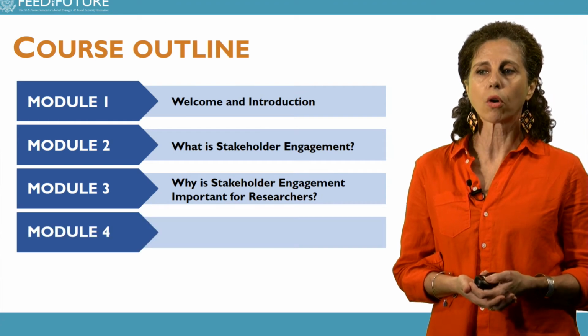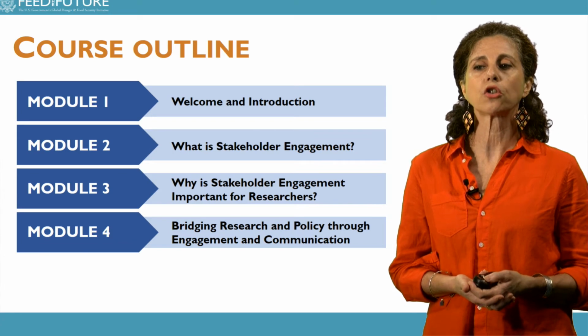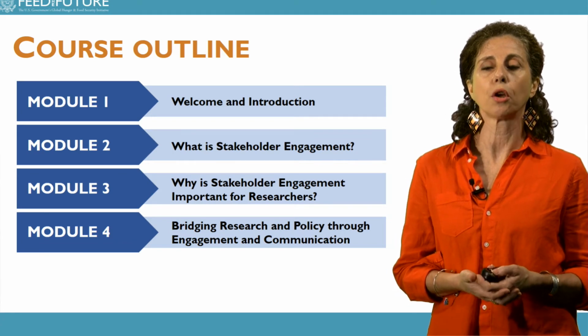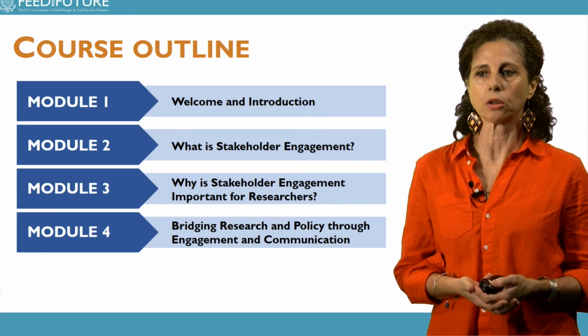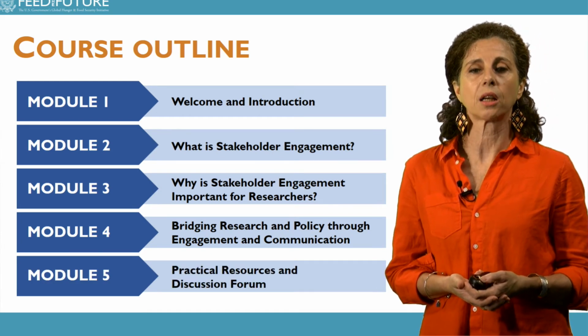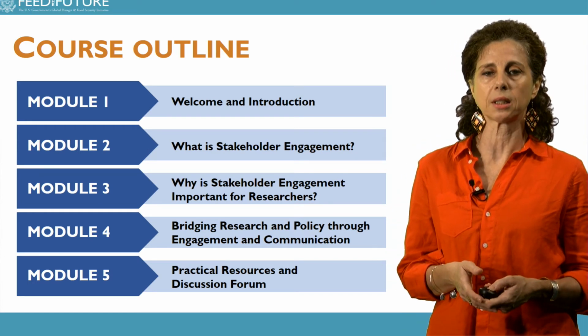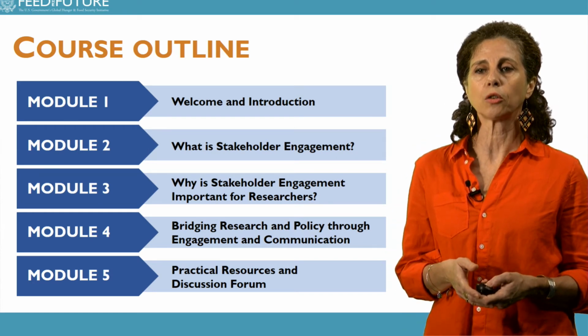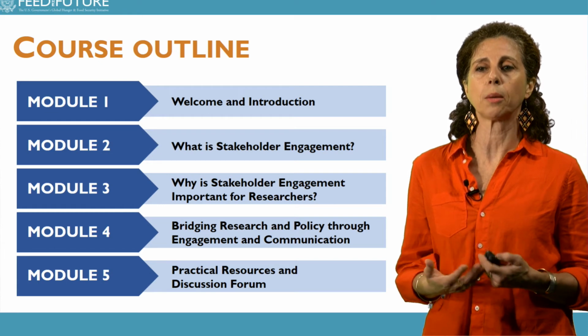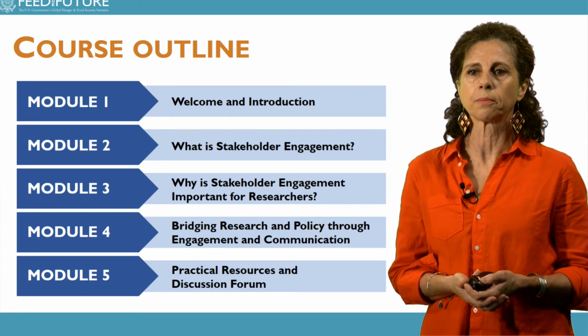And Module 4 is about the how can researchers bridge research and policy gaps through engagement and communications. Finally, Module 5 gives practical resources and is also the space in which you as participants can share your learning at the end of the course and read about everybody else's reflections and contributions.